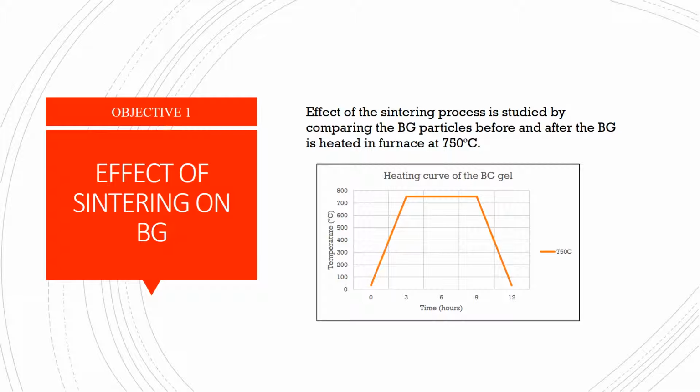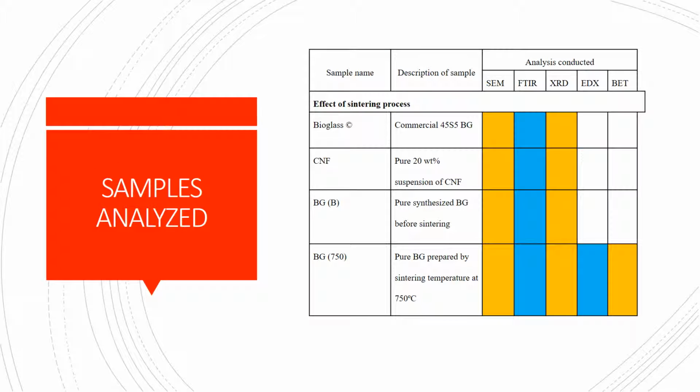For the first objective, what was observed was the effect of sintering on bioactive glass. This was done by observing the bioactive glass before and after the bioactive glass was heated in a furnace at 750 degrees Celsius. The samples analyzed are as shown.